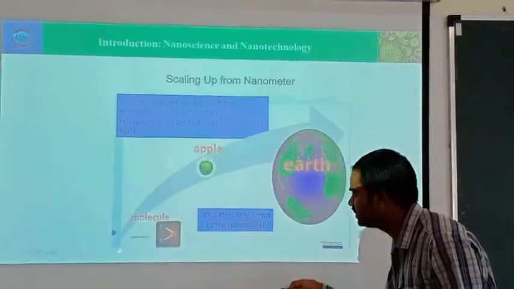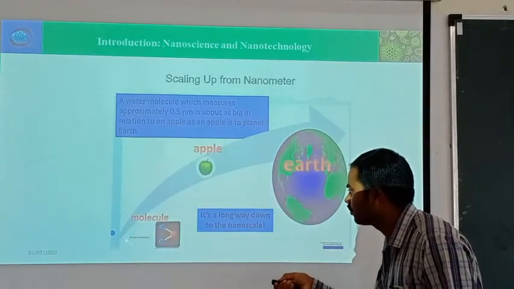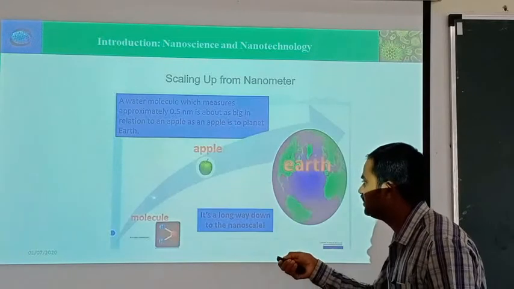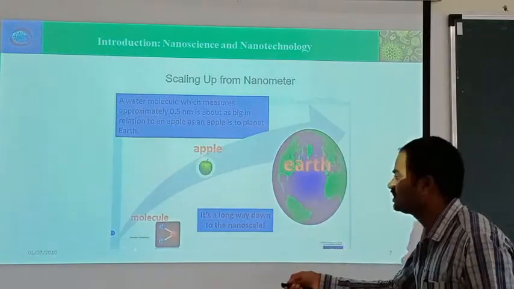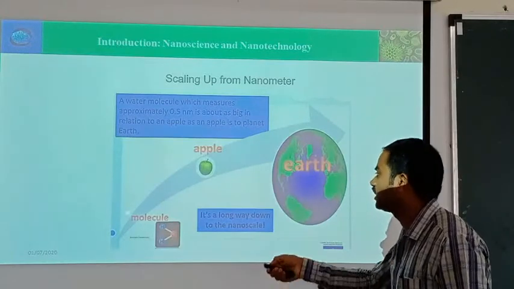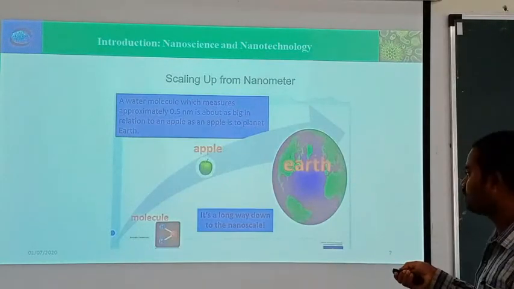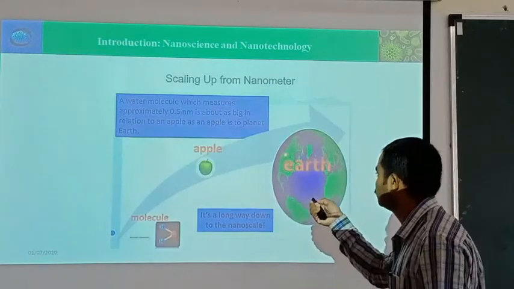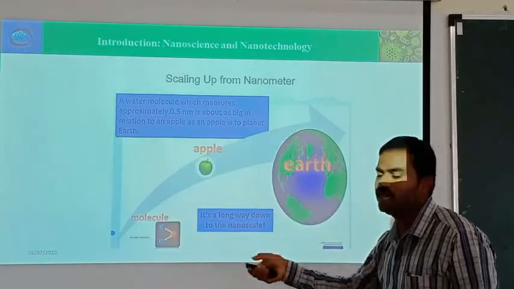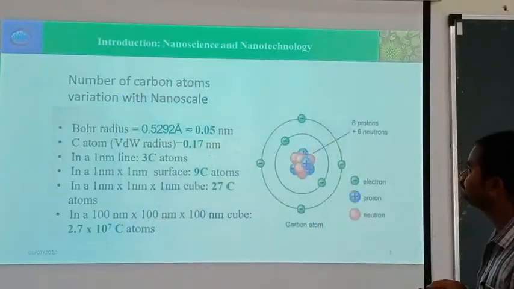Here the starting point is a water molecule, and the size changes through the apple to the Earth. So starting with a small molecule and comparing with the largest object, it's a long way down to the nanoscale, to atomic or molecular scale.